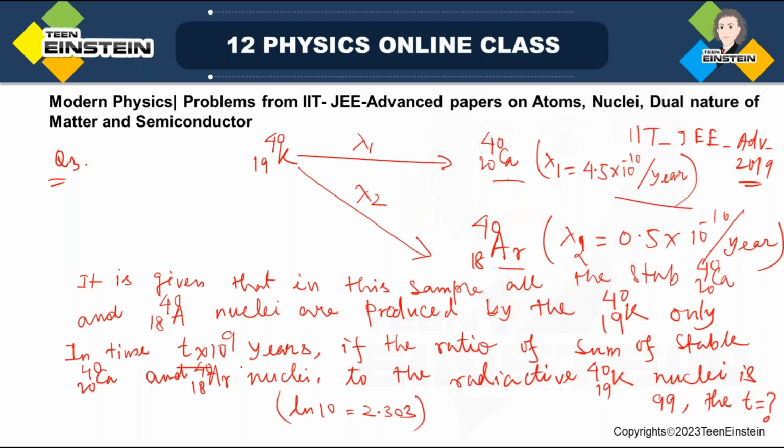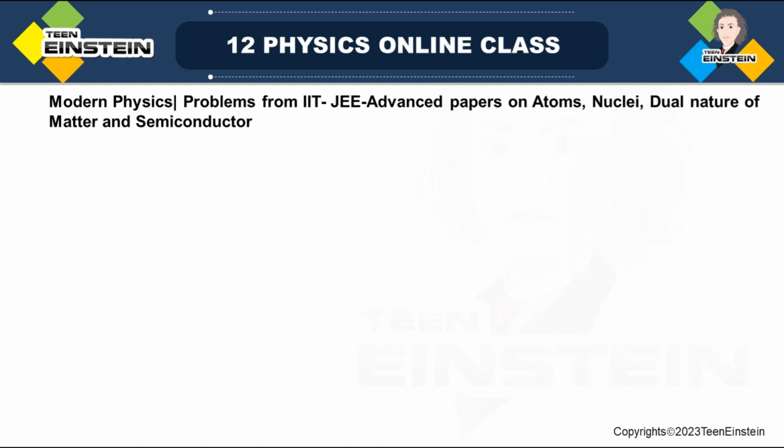Now after these many years, if the ratio of the sum of this nuclei and this stable nuclei to the radioactive potassium nuclei is 99, then what is T? Okay, we'll solve this problem.